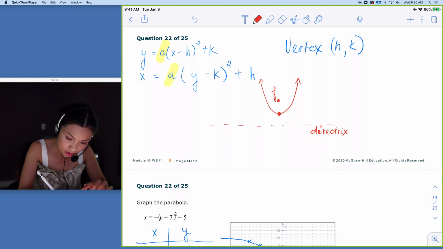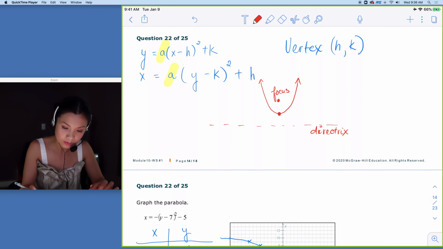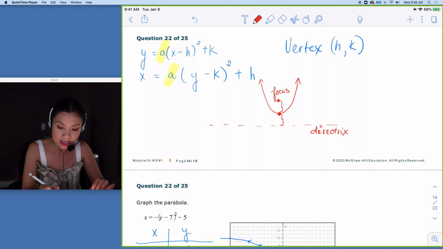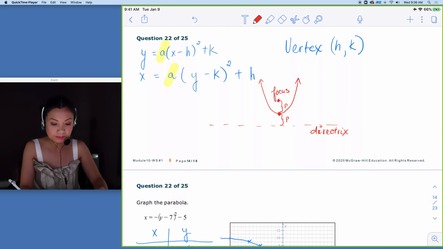And this point is the focus. Okay, now the distance from the vertex to the focus and from the vertex to the directrix should be exactly the same. Okay, and we're going to call it P. All right, so keep that in mind.